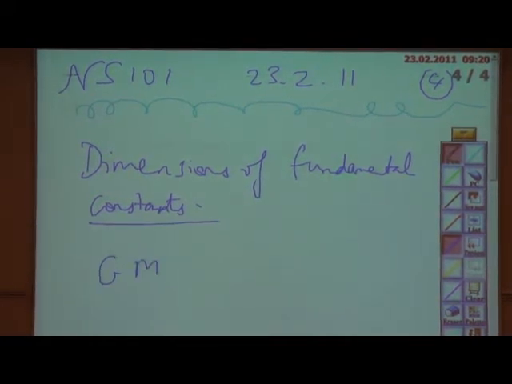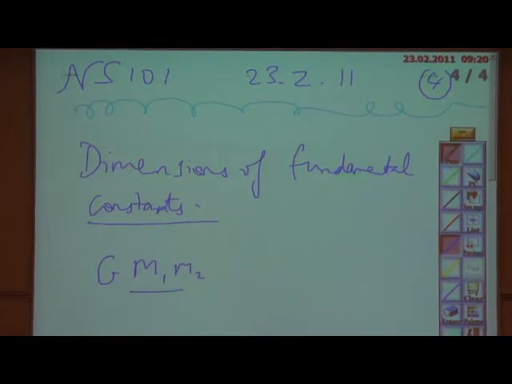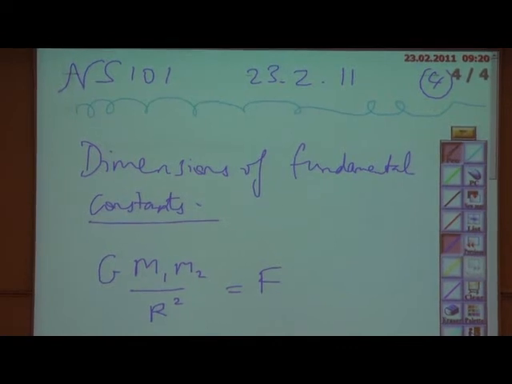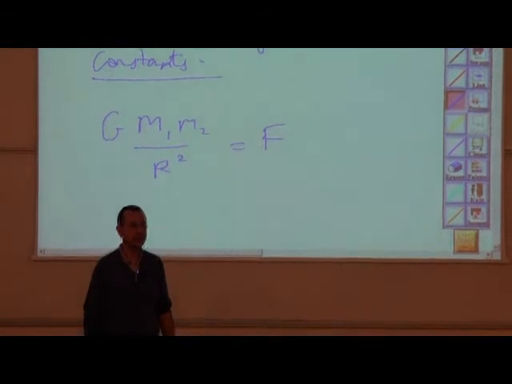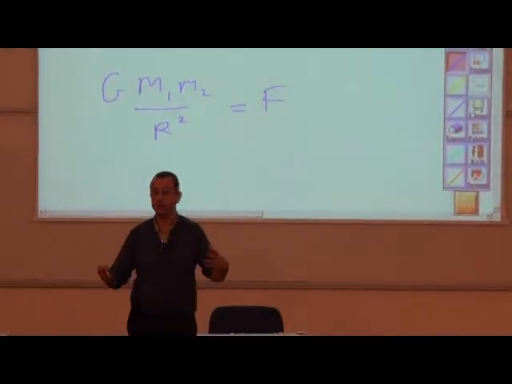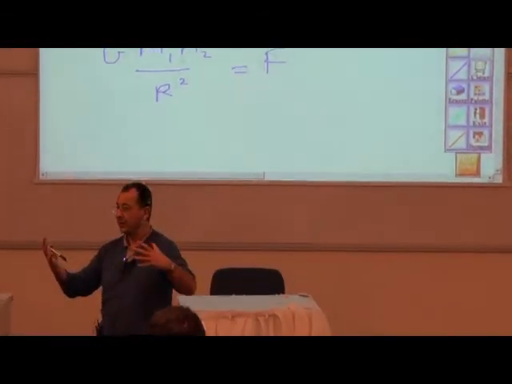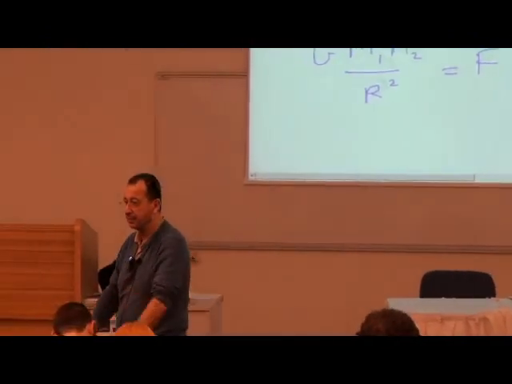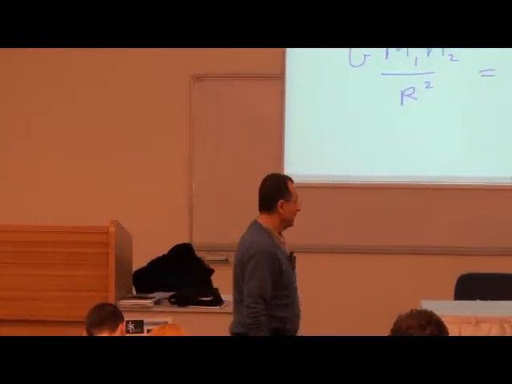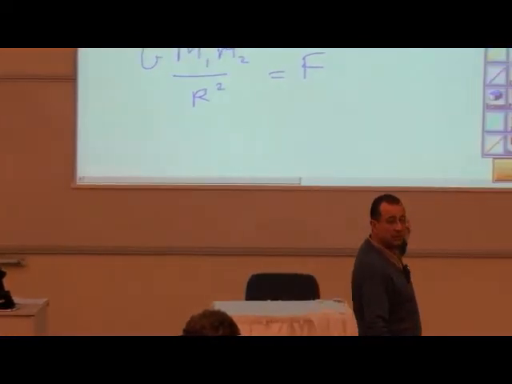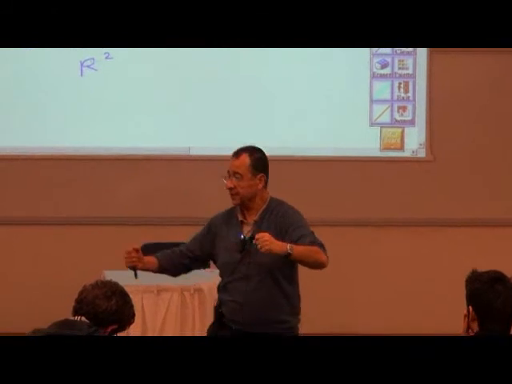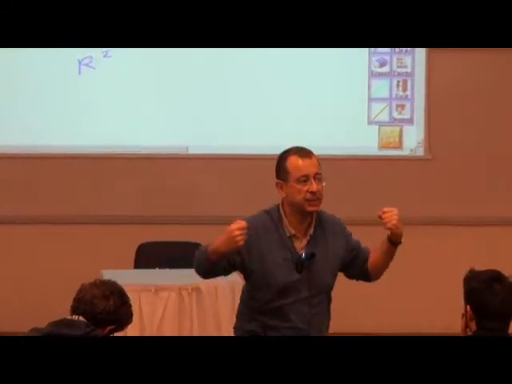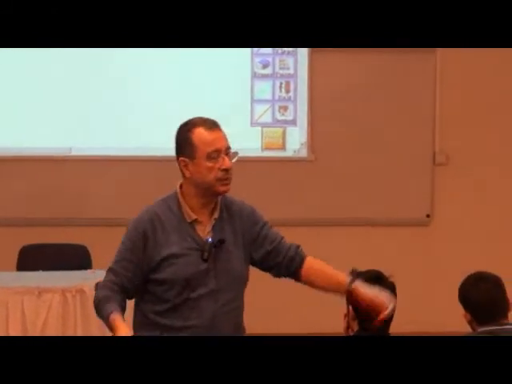G, m1, m2 over r squared equals a force. This is how we define the gravity, how the observations show us where the gravitational constant appears. Okay? So to figure out this dimension from this result, that it gives you how strong the force of attraction is between the Earth and the Moon or whatever, okay?